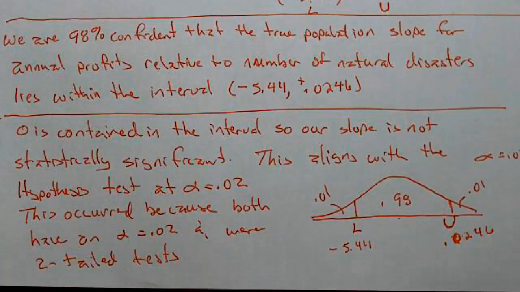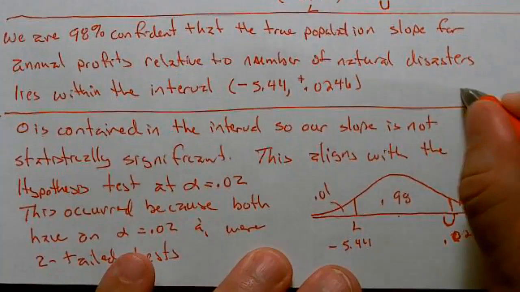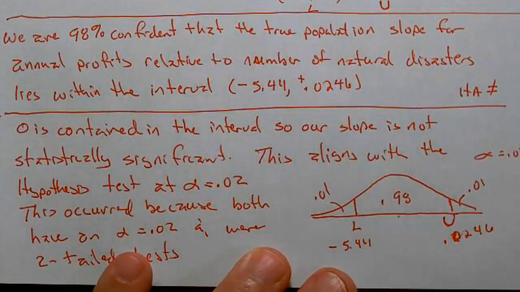Because remember, sometimes a one-tailed test would not be the same as compared to a confidence interval. A one-tailed test has all the area in one tail. So 0.02 would have been all in one of the two tails. When there are two-tailed tests, when we have the HA being not equal, we have the area divided between the two tails. All right, thank you. And we'll move on to the next video.